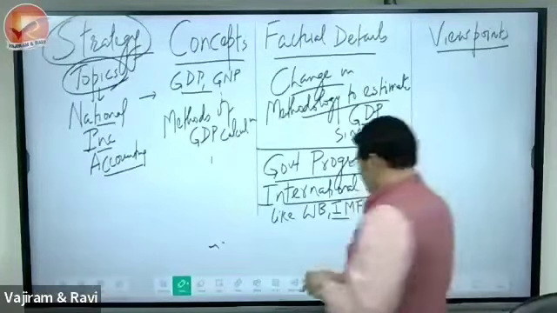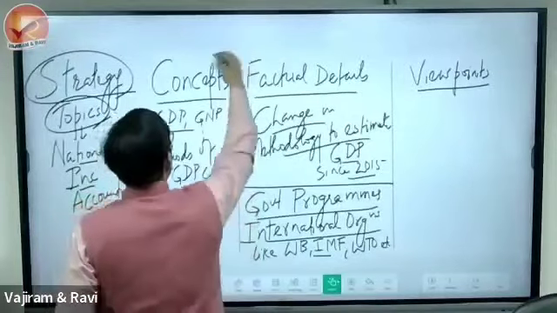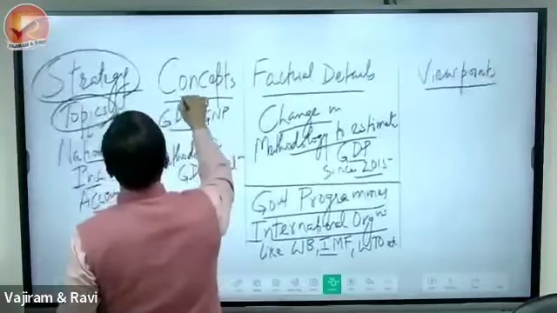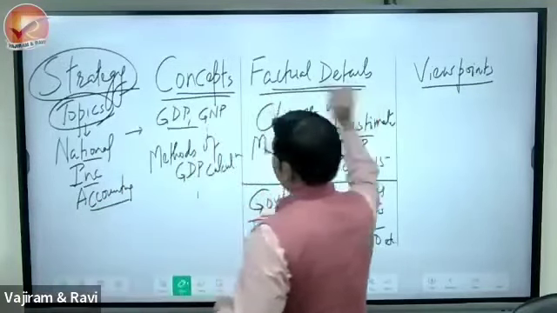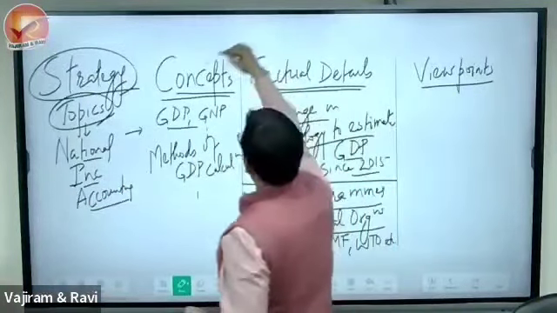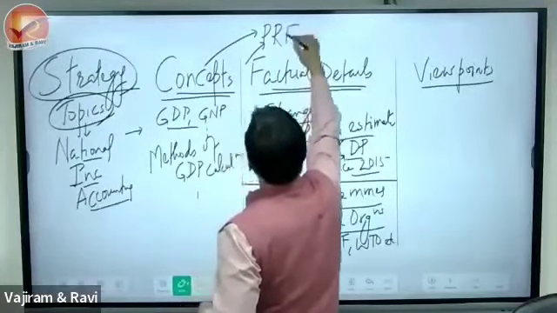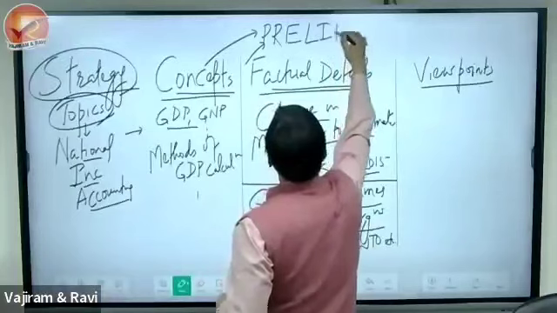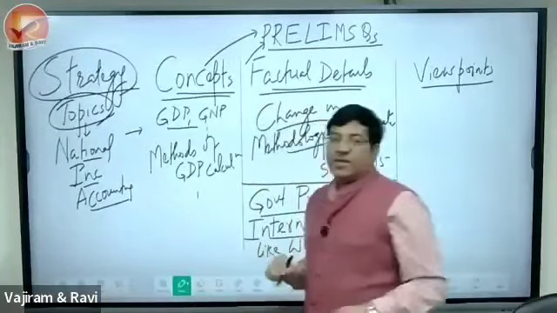Now, before I come to the third thing, a clarification. If you are good at the first two parts, conceptual understanding and factual detail, it means you are reasonably ready to appear for the prelims questions which are coming in economics.